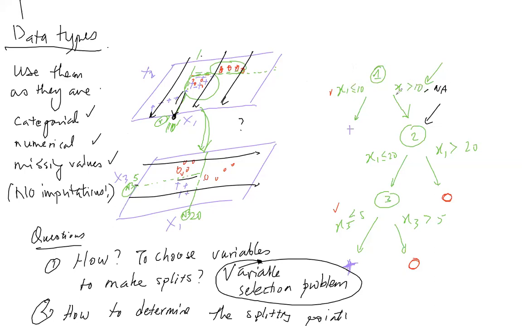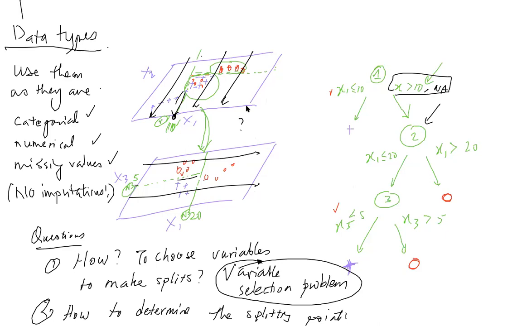For example, NA may actually go inside here. So you don't need to do imputation, and that's a huge advantage, right? Because for all the other methods that you learned so far, like naive Bayes, neural networks, all those things, you have to do imputation. Otherwise, the algorithm will just get rid of those rows with missing values.